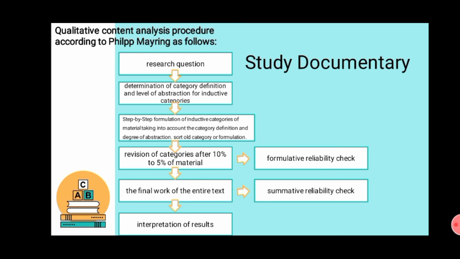Sort all categories or formulations. Next, revision of categories after 10% to 50% of the material. Then, a formative reliability check. Next, the final work through the entire text. Then, a summative reliability check. And interpretation of results.